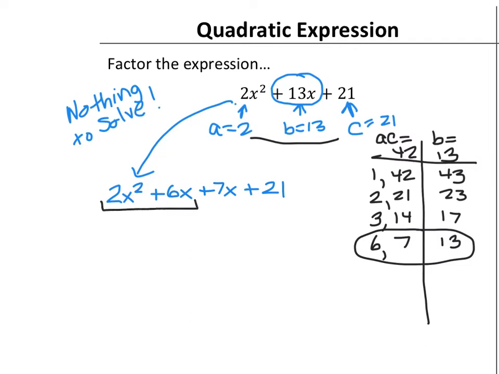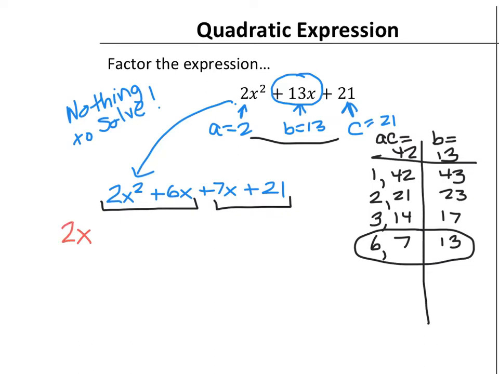So factor by grouping is going to take the first two terms and the second two terms separately. So what can be taken out of both of these first two terms? Well, we can certainly take out an x, and we can take out a 2.